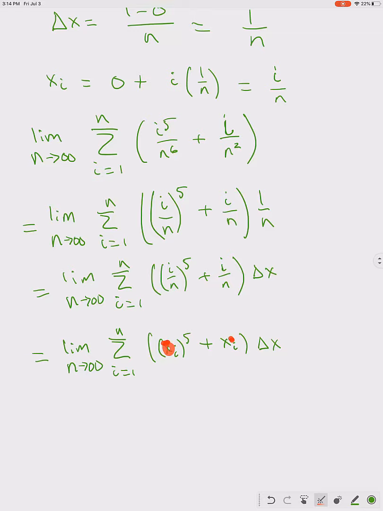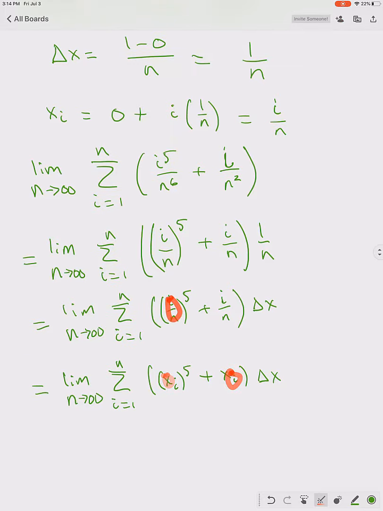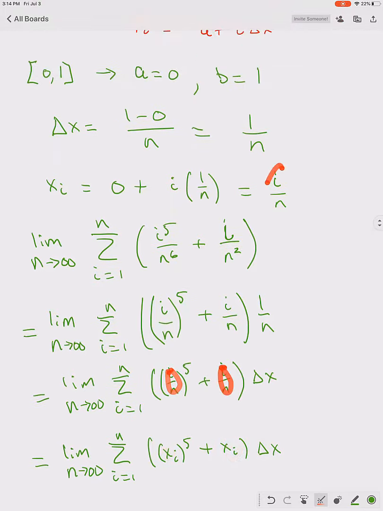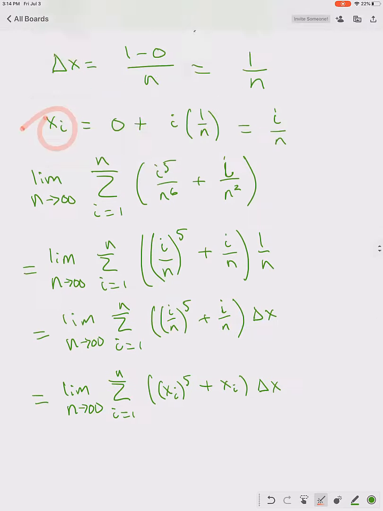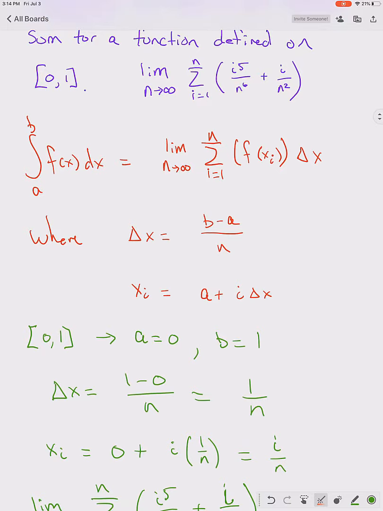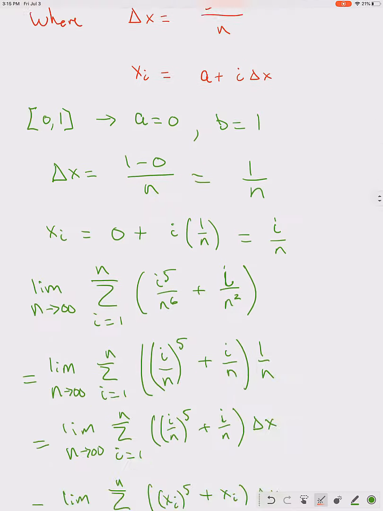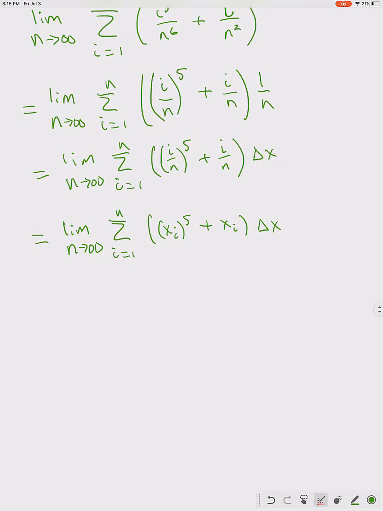And this xi and this xi, i over n, i over n, is the same as xi. So now, from the formula that we started with, I have this form on the right-hand side, and I can rewrite that as this definite integral on the left.